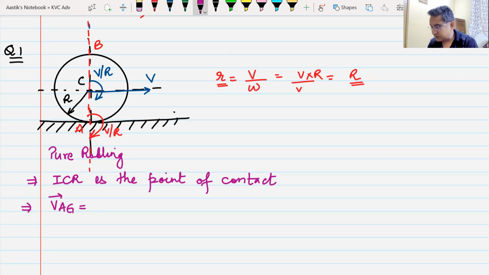What is the velocity of point A with respect to ground? Velocity of point A with respect to C plus.